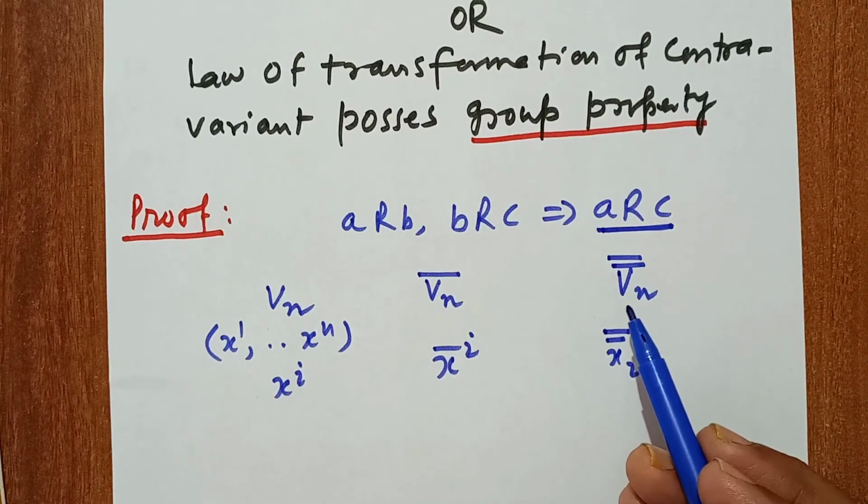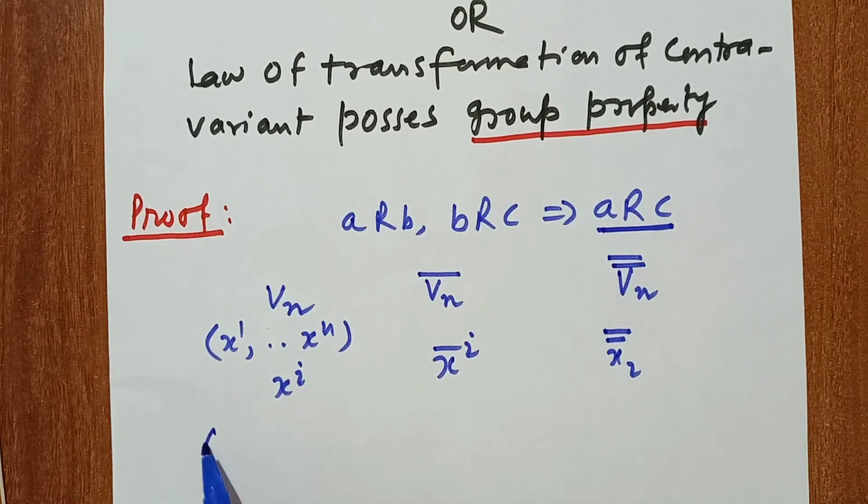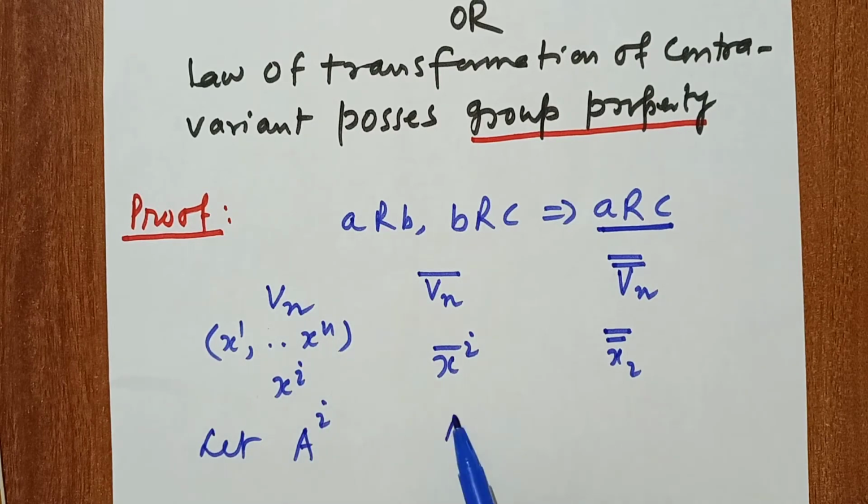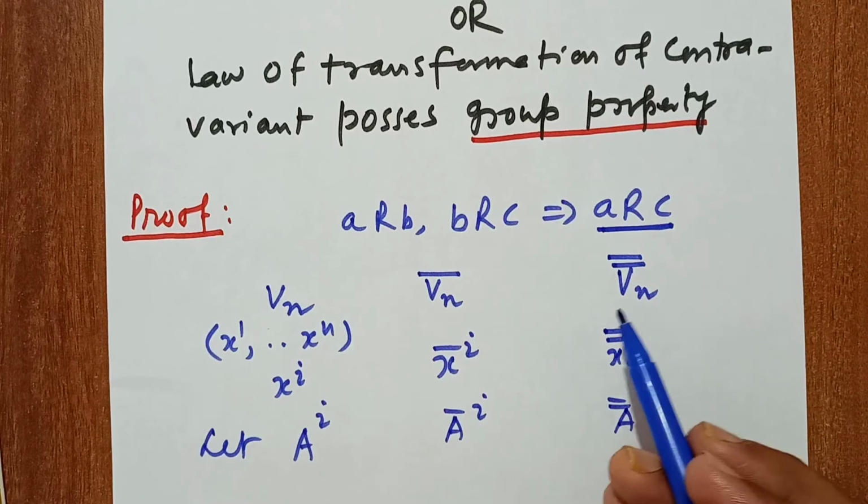So let aⁱ be a quantity in Vn, āⁱ another quantity in Vn bar, and a double bar i another quantity in Vn double bar.